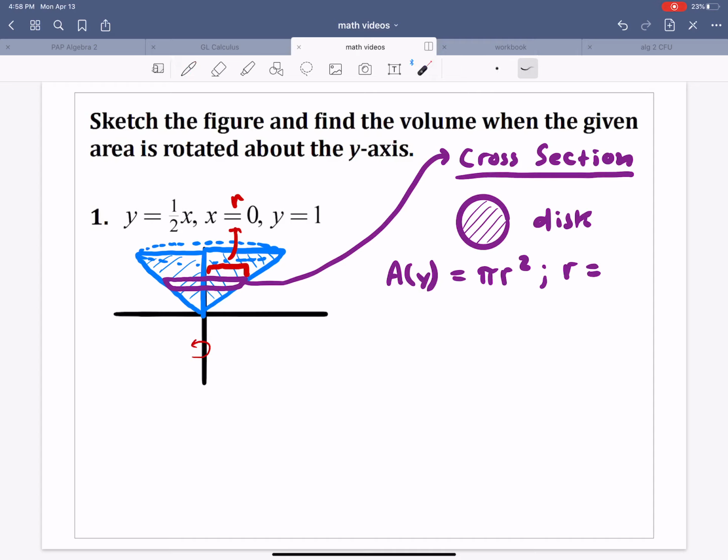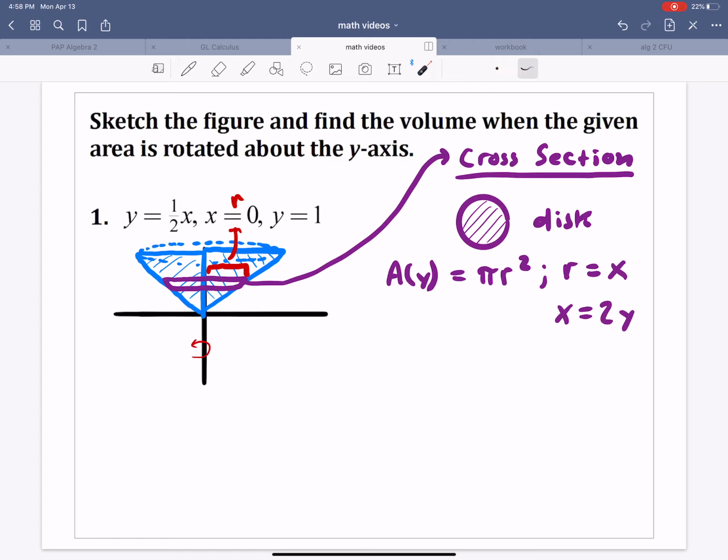So what I really need to figure out is the x value of this point right here. The way that I'm going to write that is that the radius is going to equal x. Now, what does x equal in this problem? Well, you see the equation here is defined for us, y equals 1/2 x. So if I take this 1/2 and move it to the other side by multiplying, I get that x equals 2y.